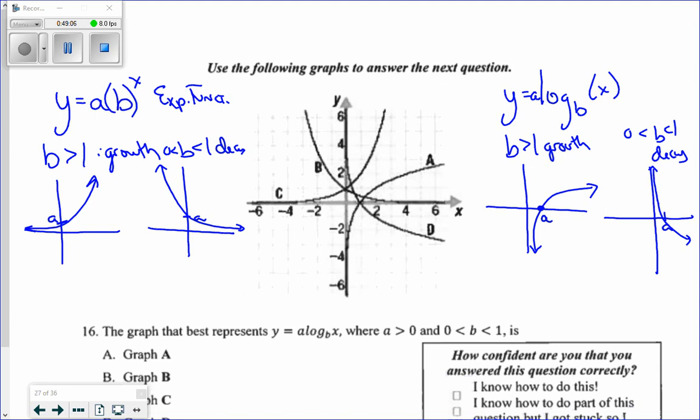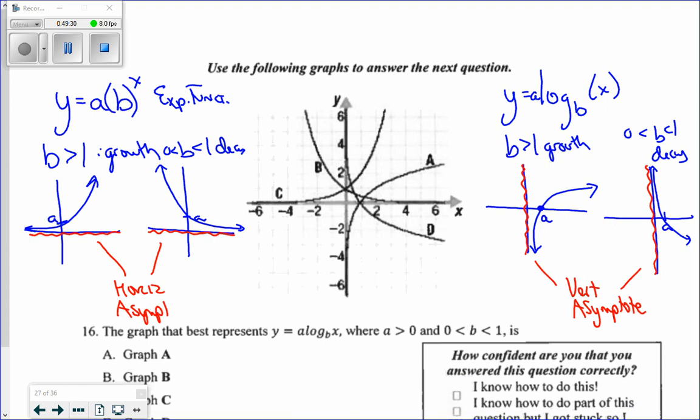Now, this is called an asymptote. So, do you need to have that memorized? No, but it helps. It helps cut down a lot of the guessing and checking that you have to do.